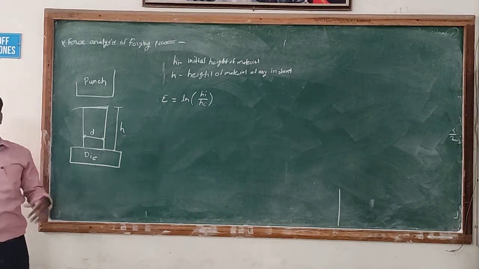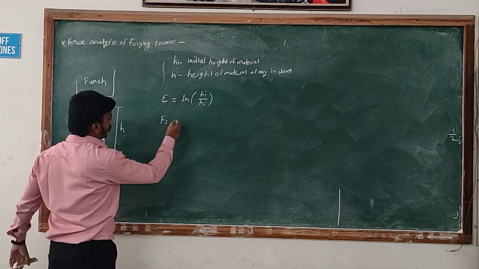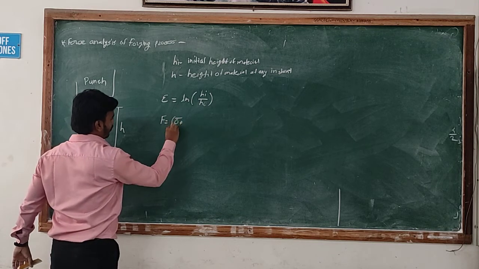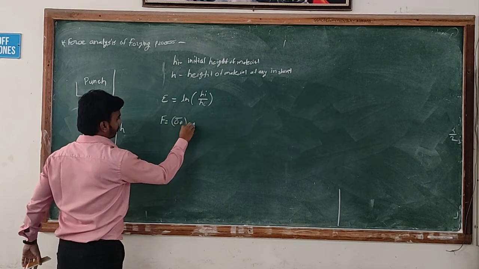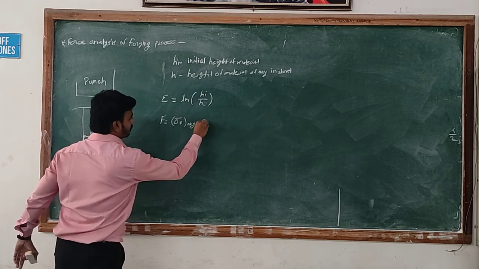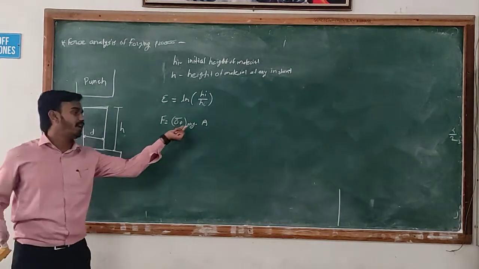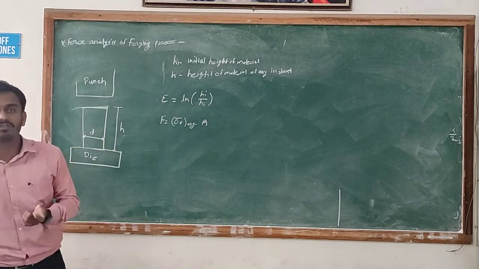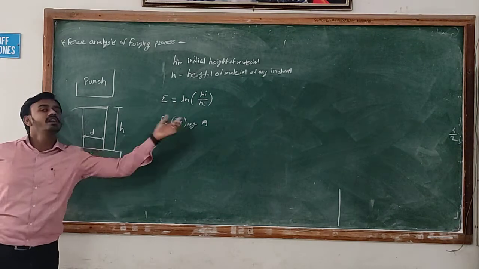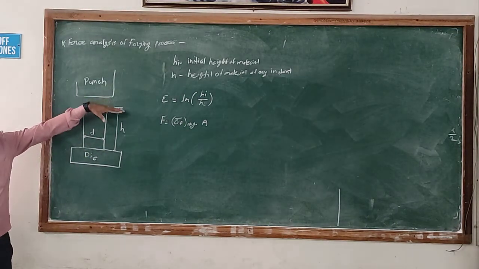Now F is equal to sigma F average into area, where sigma F average is the average flow stress of the material, and A is the area of the material at that instant.